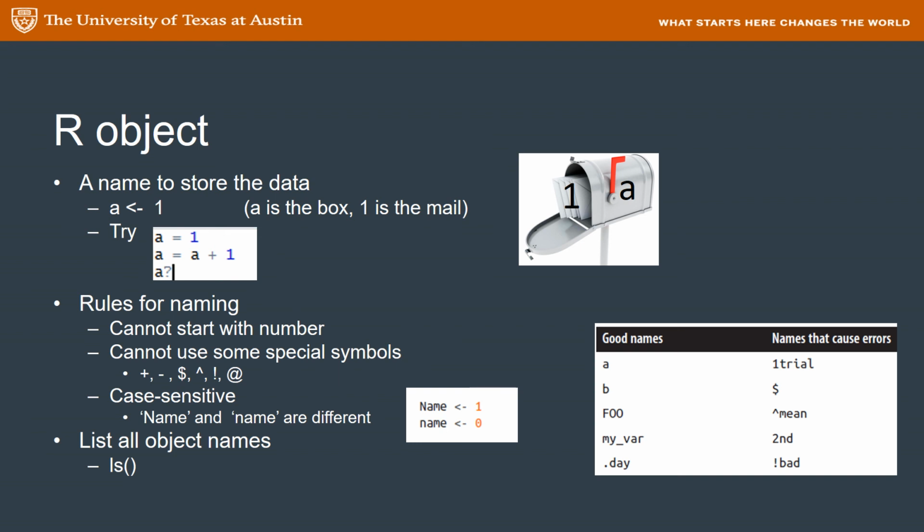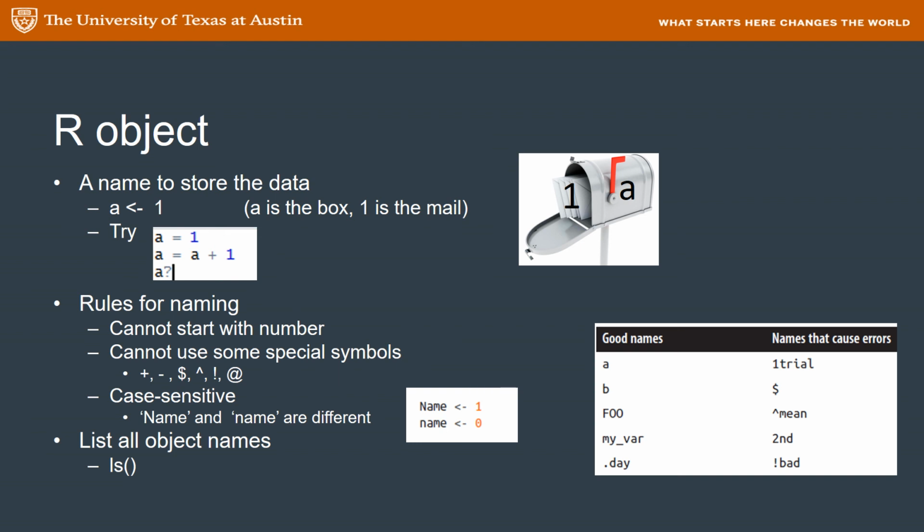For example, plus has the meaning of adding two numbers together. So these symbols are prohibited, so you cannot use them. And also, the name is case sensitive. So the capital name and the small letter name are different. If you assign them different numbers, they will have different values.